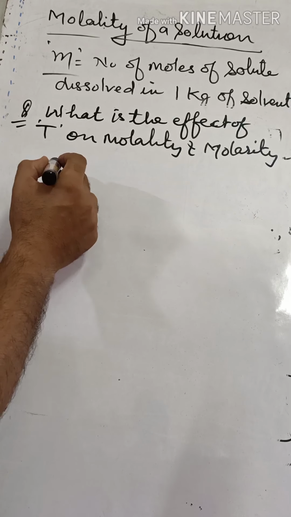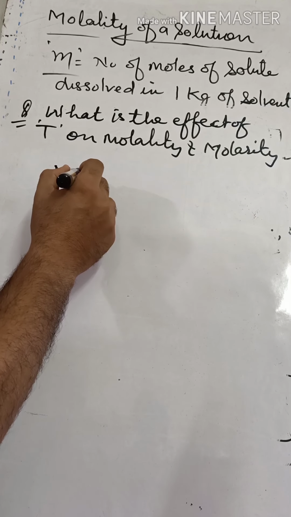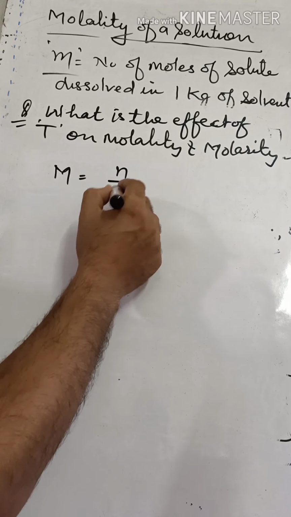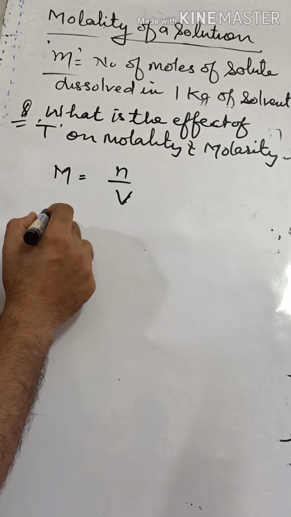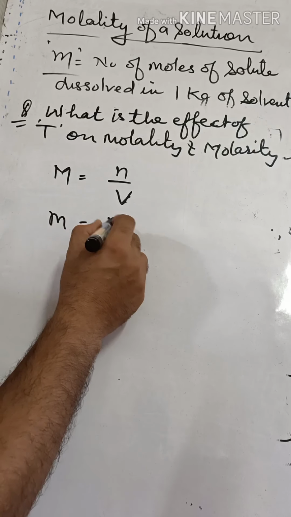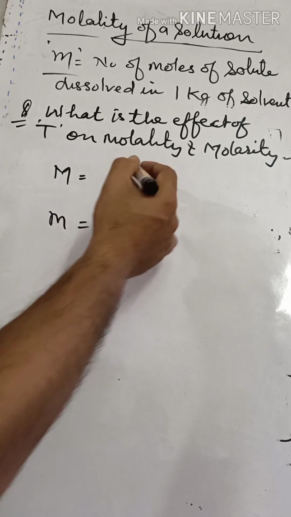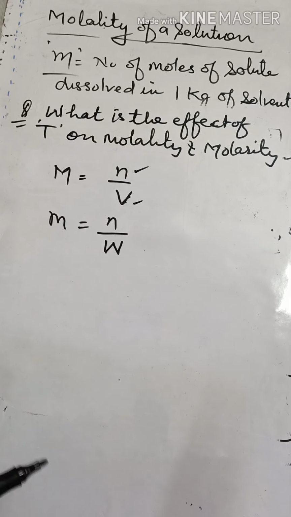So you know, molarity M is equal to n upon V, and molality is equal to n upon W. This is number of mole and this is volume in liter.